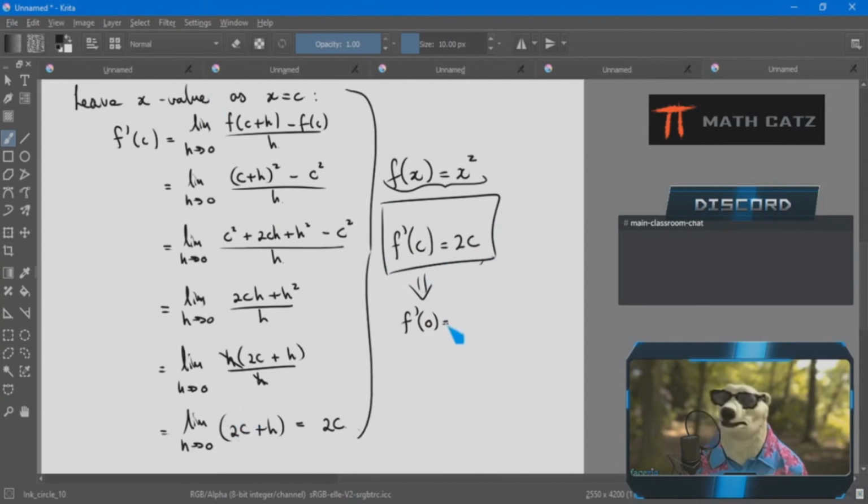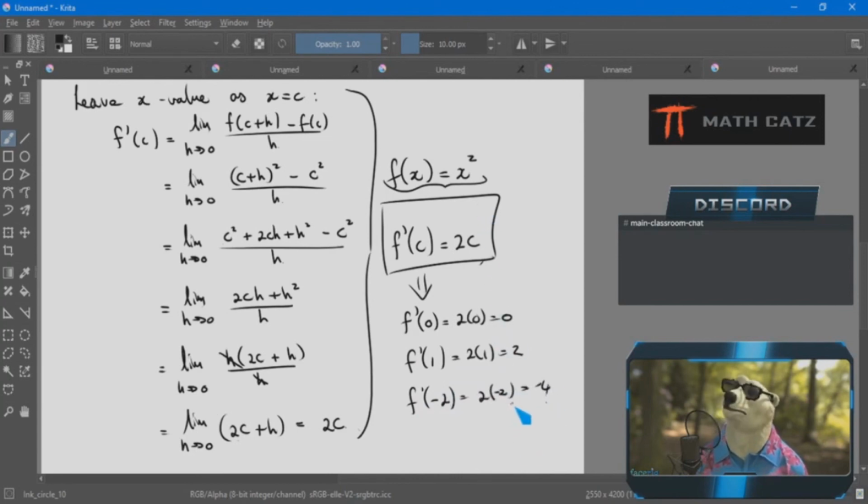I don't use the limit definition. I've done the work once, and now I use the formula. 2 times 0 is 0. If I want to know what happens at 1, 2 times 1 is 2. If I know what happens at negative 2, 2 times negative 2 is negative 4.